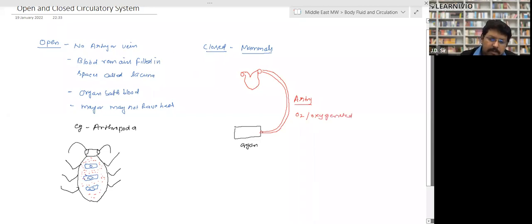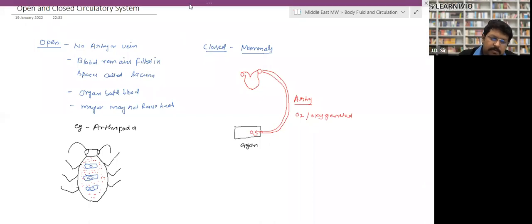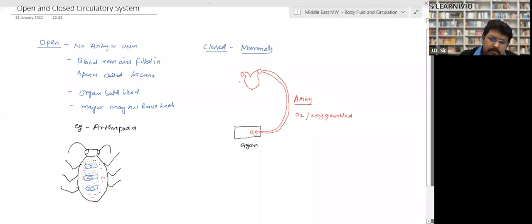Now what will happen? They will deliver oxygen, and they will pick up the carbon dioxide and deliver it to the heart, right? There are certain other vessels called veins. Veins deliver deoxygenated blood.